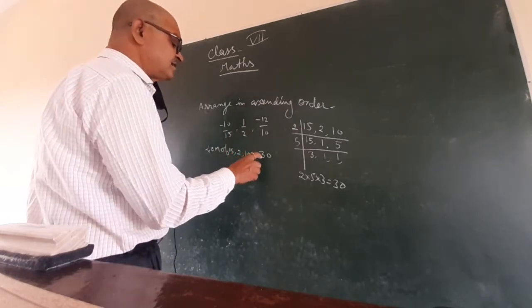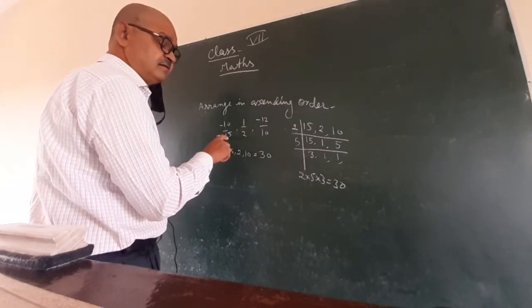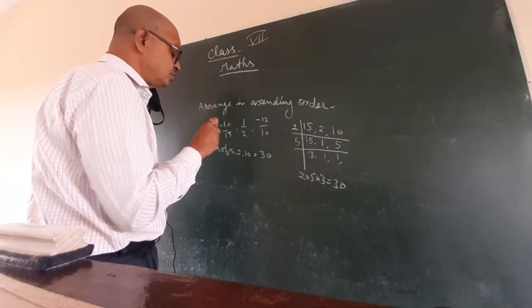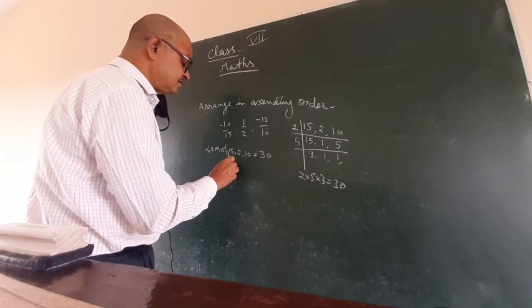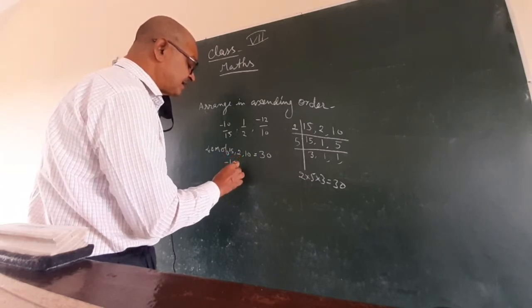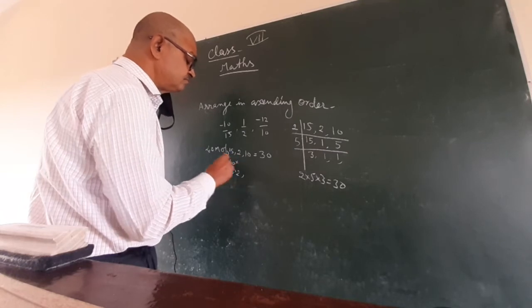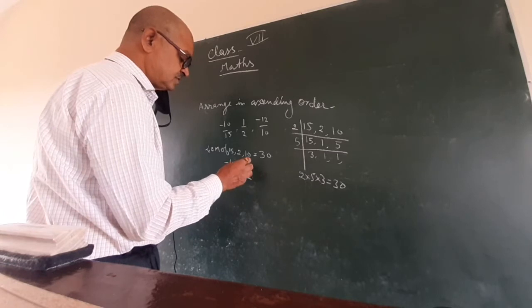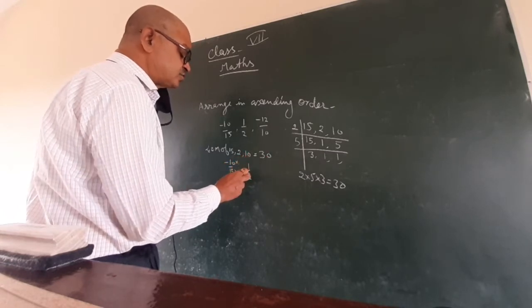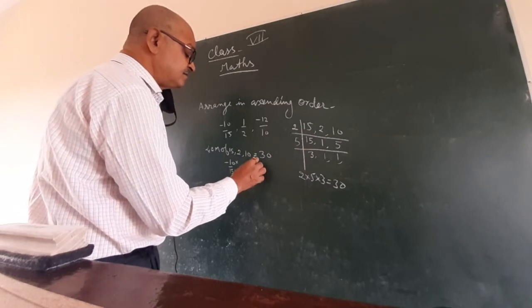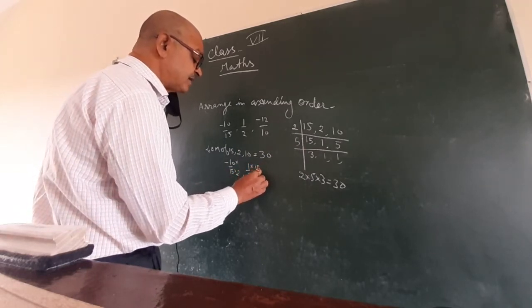Then 30 divided by 15 is 2, so -10/15 multiplied by 2 up and down. Next 1/2: 30 divided by 2 is 15, so we multiply up and down by 15.